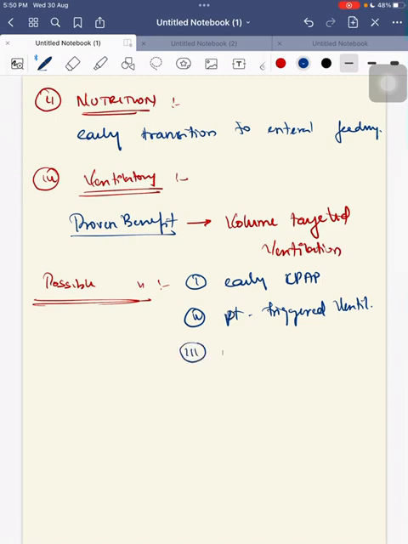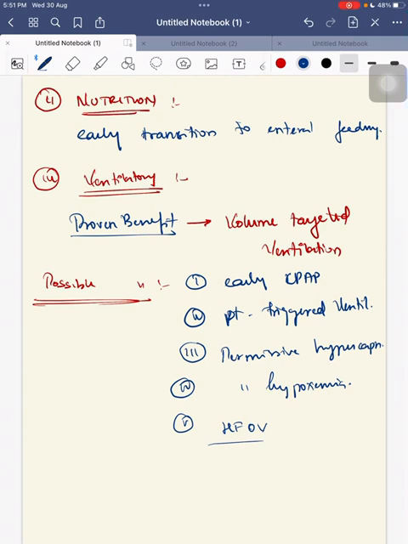Third, you can maintain a permissive hypercapnia. Fourth, permissive hypoxemia, that is you can maintain a targeted saturation between 90 to 95% until 36 weeks of post-menstrual age. Then you can use high frequency ventilation, that is HFOV. These are the possible beneficial effects of the ventilatory strategies.